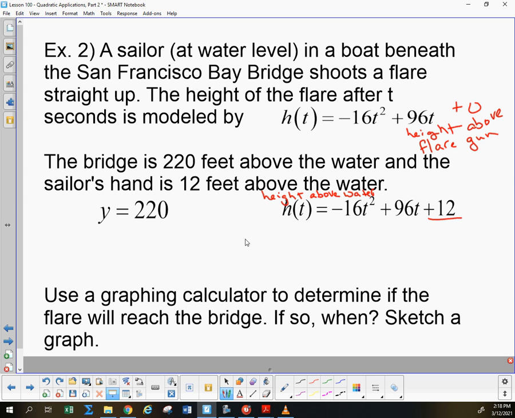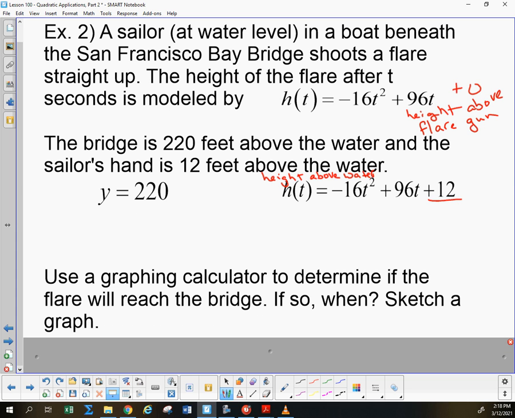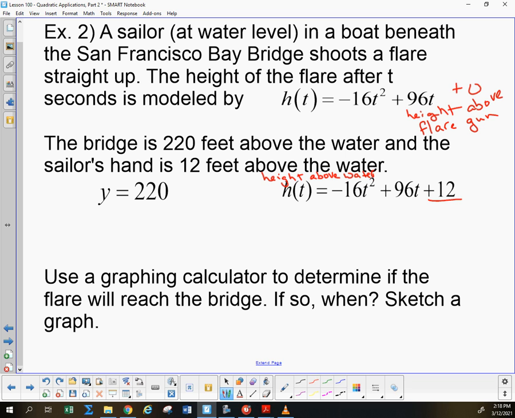Use a graphing calculator to determine if the flare will reach the bridge. Are the people on that bridge in danger or not? So let's use our calculator to get the graph, and then we will draw a sketch of what we see. So the one that we are going to enter is the one above the water, because we're talking about how far above the water compared to the bridge that's 220 feet above the water.